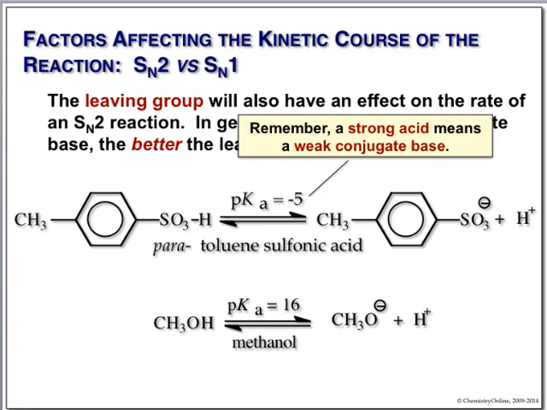Compare that with methanol. Again, the pKa is -5 here. If we have a very weak base, we have a good leaving group. Here's a strong base. It's a lousy leaving group.